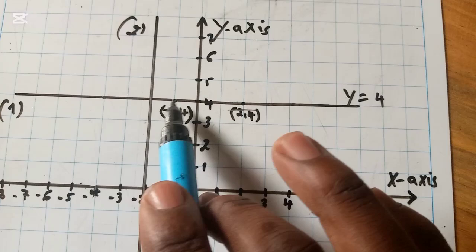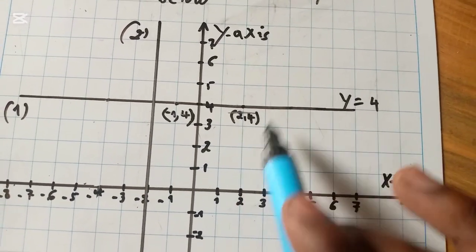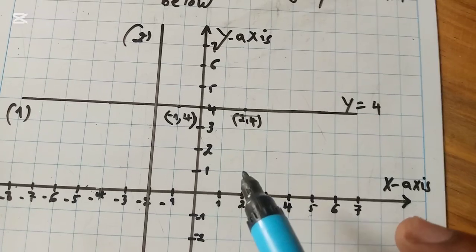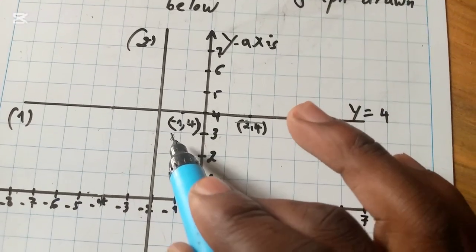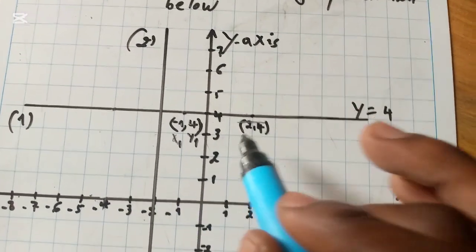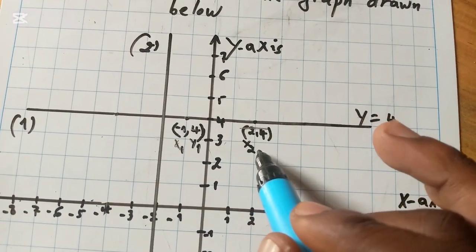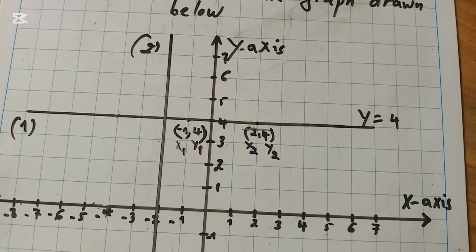This is the first point, this is the second point. I'm going to use those so that I can get the gradient. And this is x1, this is y1, this is x2, this is y2 for this line.